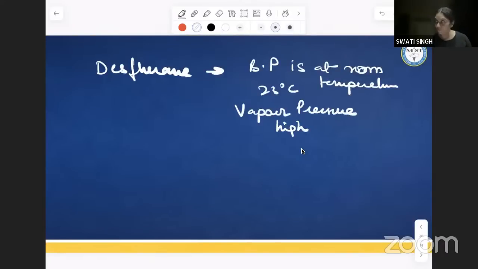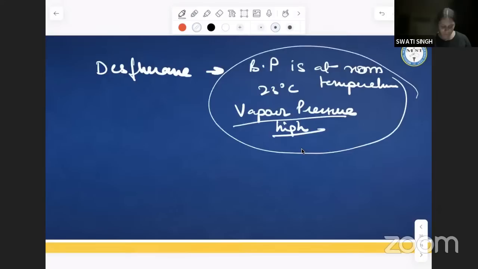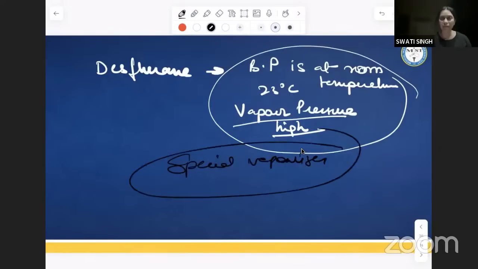So the vapor pressure is high, the boiling point is low. Because of this, it needs a special vaporizer. So everyone, desflurane is a royalty. And remember, guys, the color code of desflurane is the color code of royalty, blue.